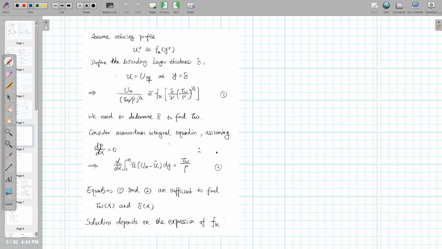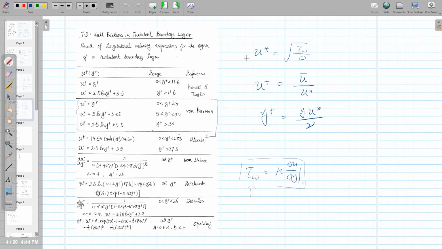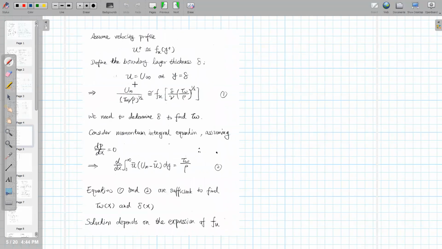Remember the definitions of u plus and y plus, so we redefine this value as u plus at y equal to delta. Because at y equal to delta, u becomes u infinity, non-dimensionalized by tau_w over rho to the power of 1/2.